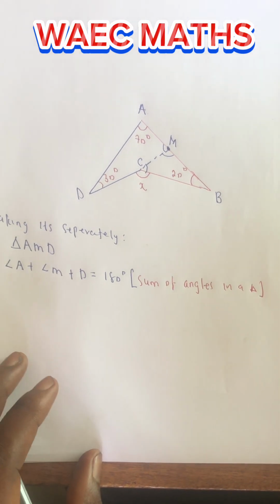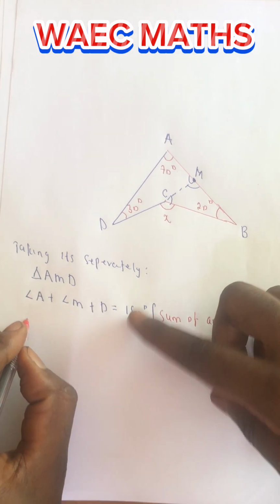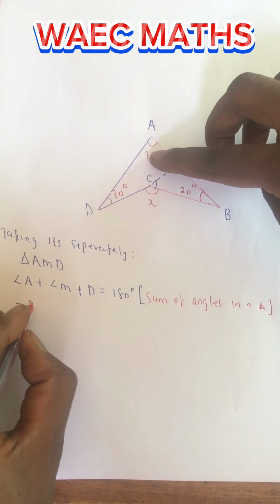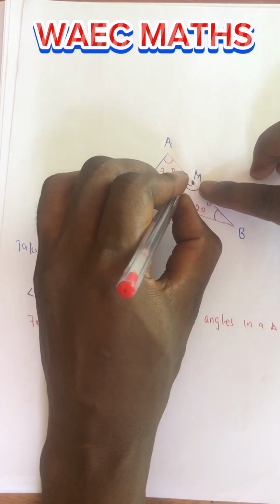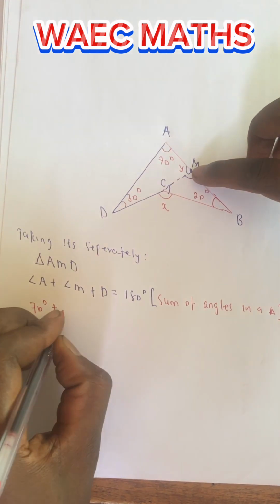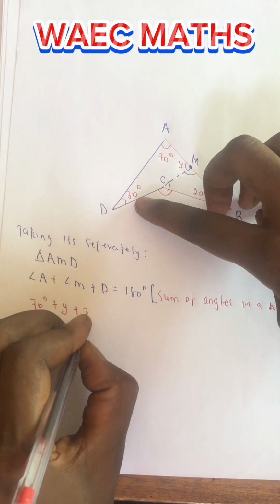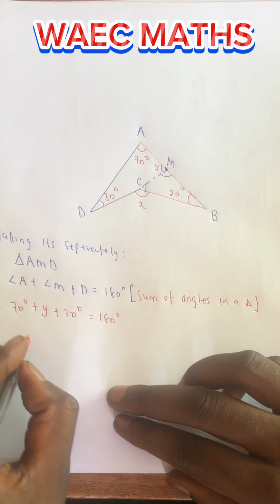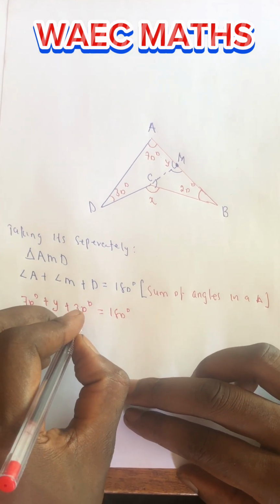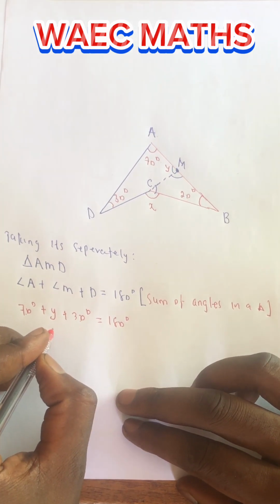So if I decide to input each value, this is 70 degrees, this place is unknown, let me call it Y, this is Y, and this is 30 degrees, is equal to 180. So 70 plus 30 will give us 100.